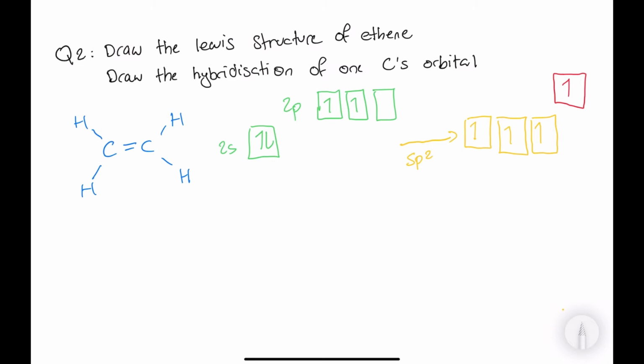Since each carbon atom has 3 electron domains around it, we'll be using the sp2 hybridization, and thus we'll get 3 hybridized orbitals at the end. However, carbon has 4 valence electrons, so there'll be 1 electron that is not hybridized in the pi orbital, and this explains the double bond between the carbons, which has a pi bond.